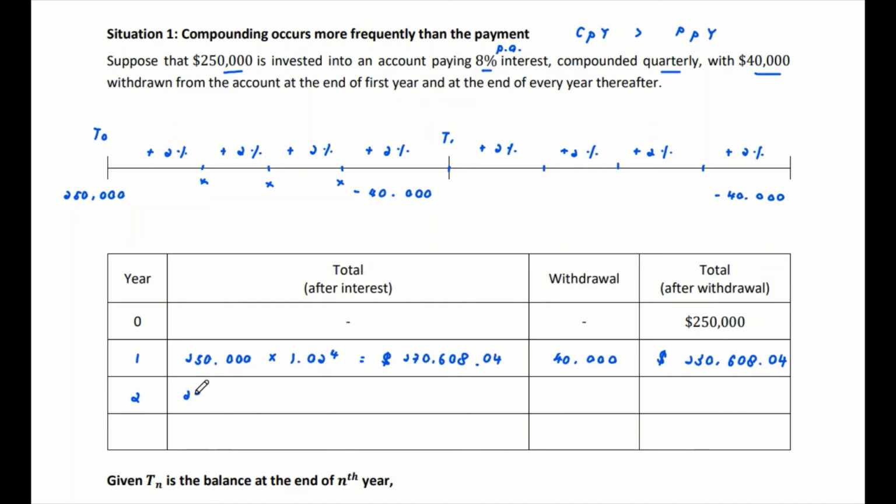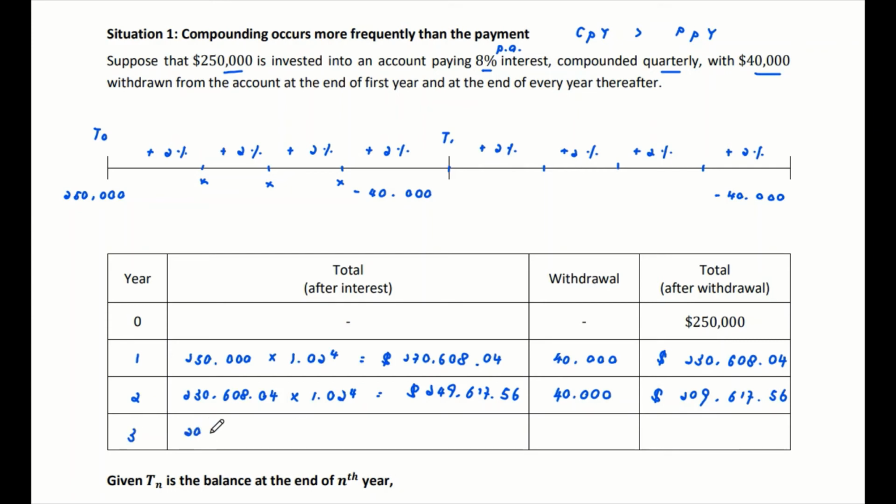So the same thing happens for the 2nd year. This amount of money is going to generate 4 times 2% of interest throughout the year as well. So from here, we can get 249,617.56. The withdrawal here will be the same, which is 40,000. Then after withdrawal, in our account we are left with 209,617.56. Okay, moving on, same thing for the third year.